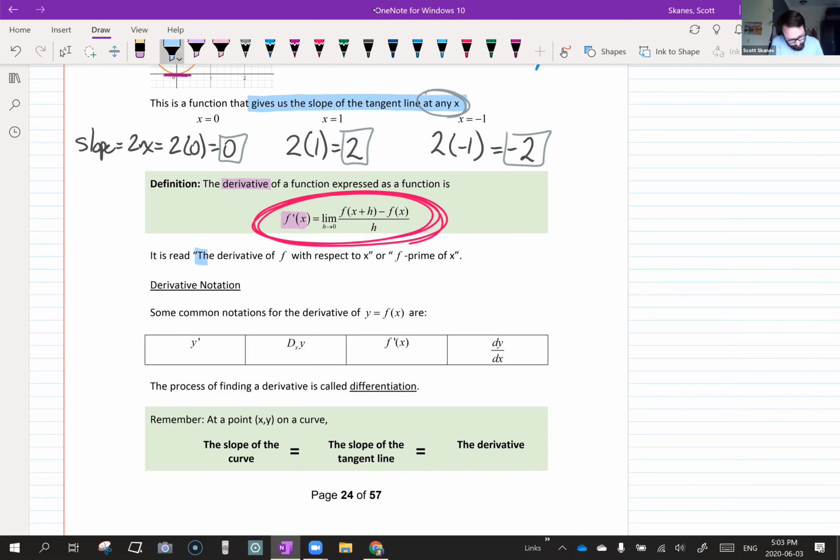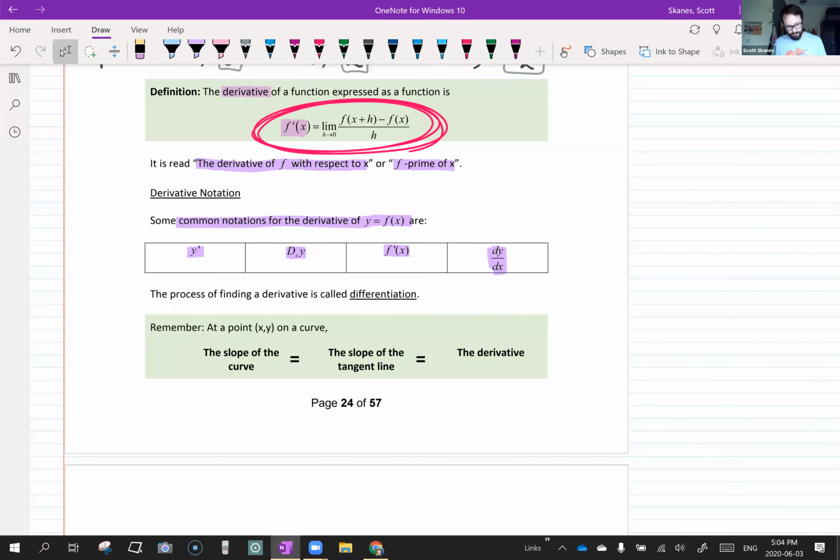It's called the derivative of f with respect to x. It's called f prime of x. It's called y prime. It's called dy/dx. It's called f prime. It's called dy by dx. They all mean the exact same thing. They're just common notations for the derivative. And finally, the slope of the curve is the tangent line. It is the derivative. Slope is derivative.